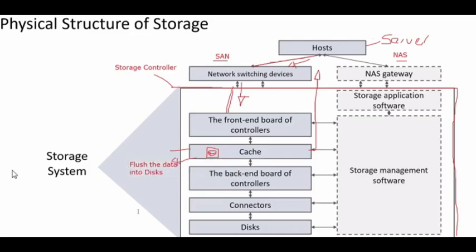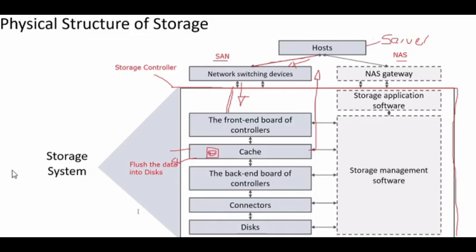So why are storage controllers so powerful? Because of the cache itself. You save the data into the cache. The cache is random access, volatile memory. Hence, it saves data faster. Once the data is saved into the cache, it will tell the server or the host, okay, your data is already saved into the storage. And then the host can go and do other stuff for its application.